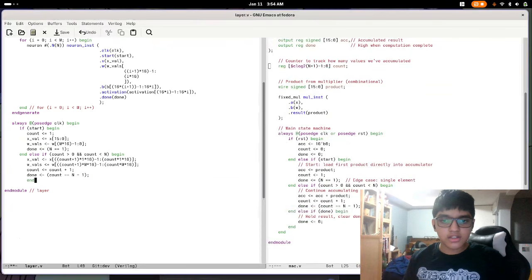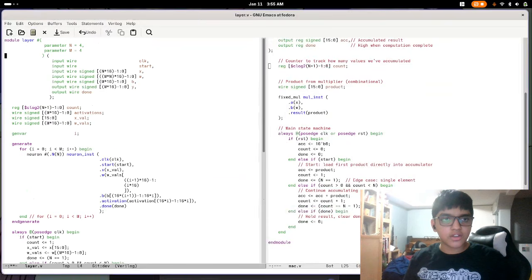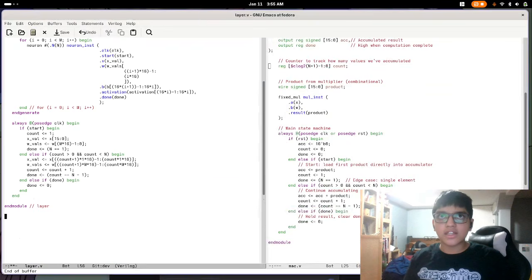So then we'd end this, and else if done, again, done is equal to 0. And so now, once we're done all that, all the activations should be present.